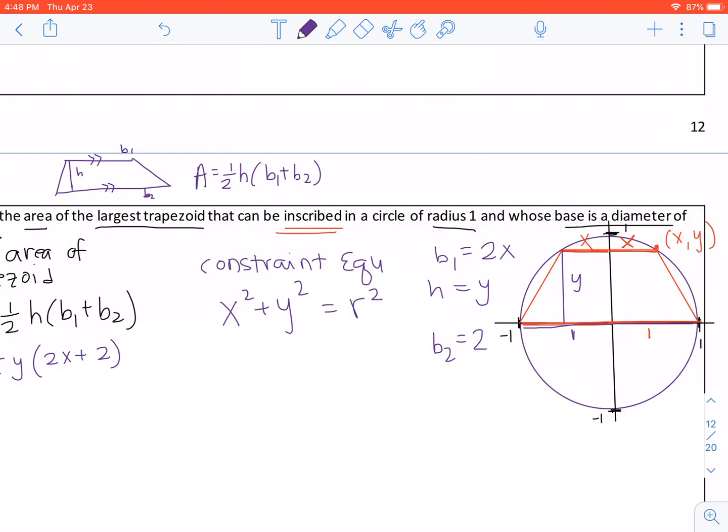If you remember, there is a formula back in Algebra 2, x minus h squared plus y minus k squared equals r squared, which was the general form of a circle. So this is our equation for the circle, and we do know that the radius is 1.